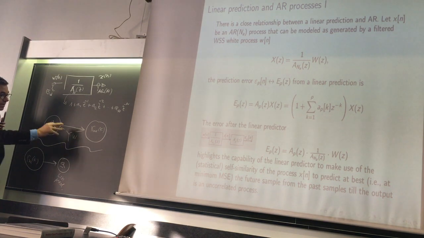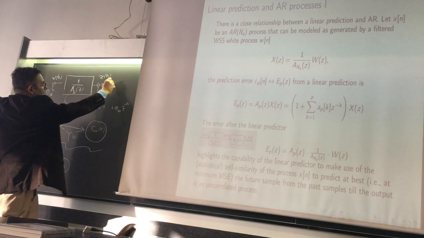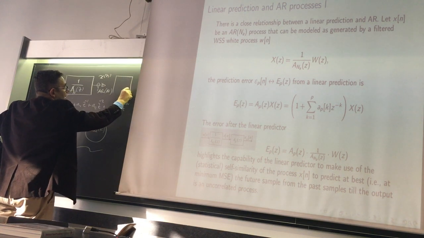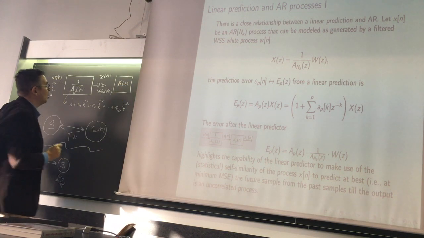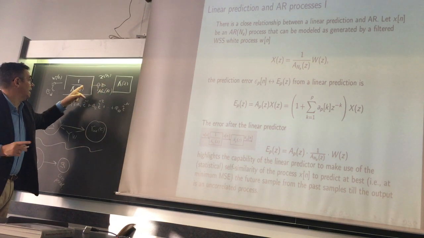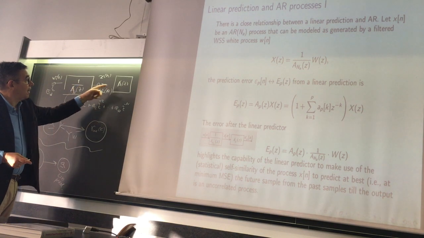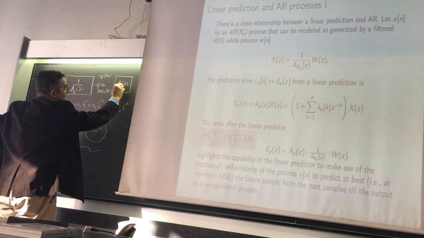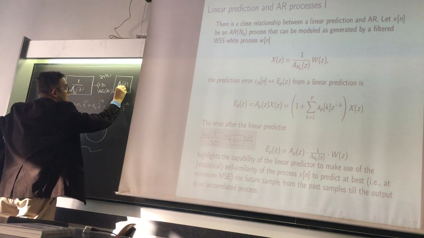But there is a strong correlation. Now, the strong correlation is the following. What if I apply here a filter A(z), a linear prediction that has a set of zeros that are exactly the zeros that cancel with the poles? That means if I make a linear prediction here that has a length n equal to n0.